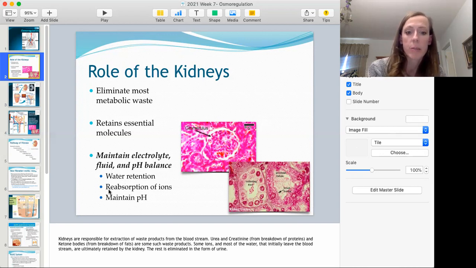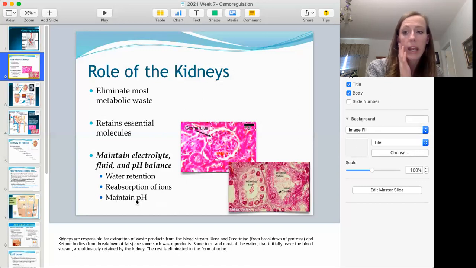And then there's also, as I mentioned, some reabsorption of ions. This is done in a controlled fashion. So based on what the osmolarity of our blood is and based on what we need to counteract the osmolarity right at that moment, our body controls for the amount of ions that exit or are retained in our body.